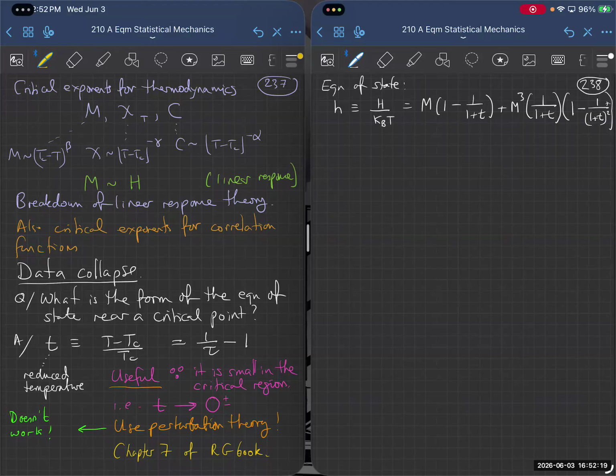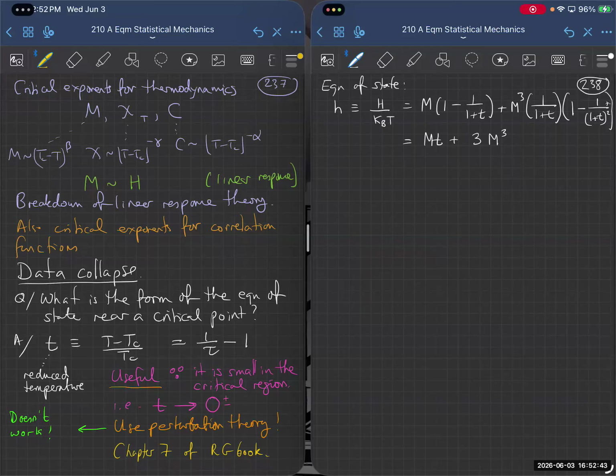And if you then do a little algebra and rearrange this, what you find is that h is equal to mt plus, I think I've left out a factor of 3. So I'm going to put the 3 in, but I don't know where the 3 goes.